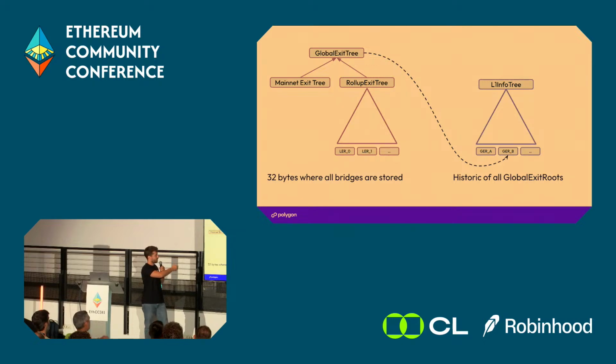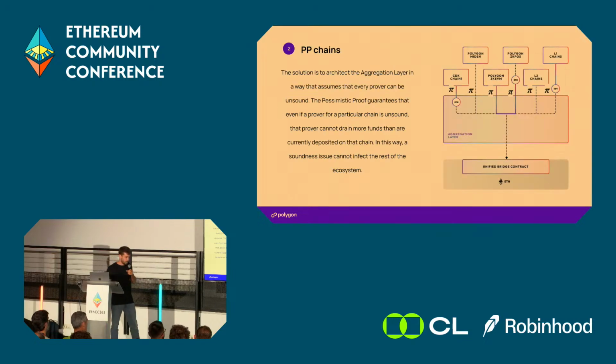So now that I have explained how we store all the bridges, let's see which two types of actions we support in the aggLayer. We have two types of actions depending on what we verify of these chains. The PP chains, pessimistic proof chains, have the minimum requirement to be part of the aggLayer. What we prove is the pessimistic proof.